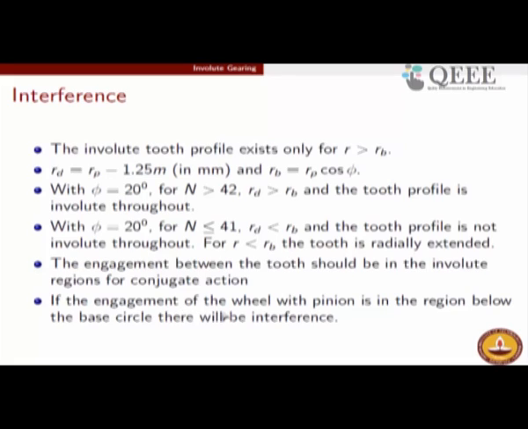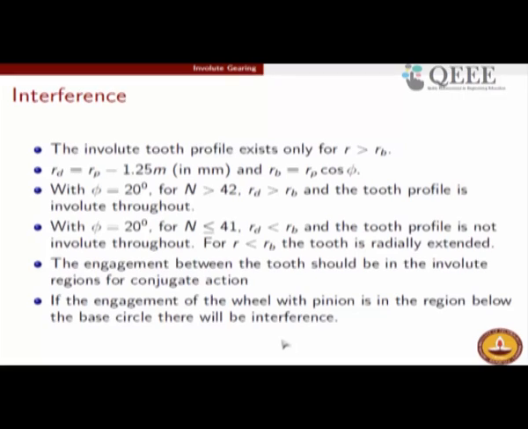So if the engagement of the wheel with the pinion is in the region below the base circle, there will be an interference, because conjugate action is not going to happen. Conjugate action, by the way, simply means the action of engagement between two gear tooth profiles which satisfy the fundamental law of gearing.